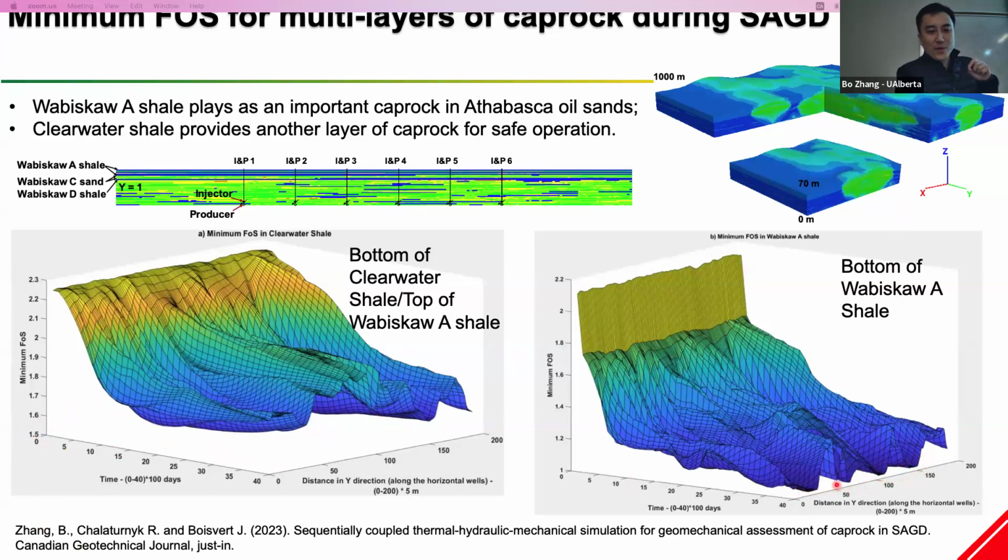Which is not that bad, because the Wabiskaw A shale is really the first important caprock in the Athabasca oil sands, and the Clearwater shale provides another layer of caprock for operations, right? So it is more important for us to look at the bottom of Clearwater shale, which is a safer, thicker caprock here.